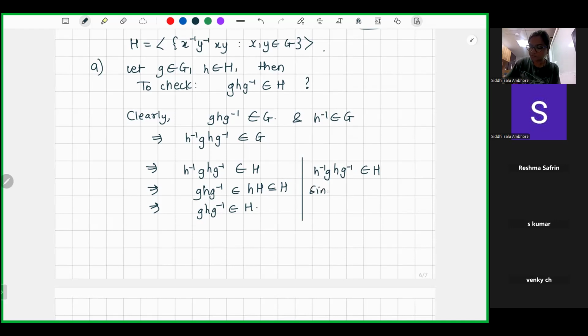Since h is in H, this h h inverse g h g inverse belongs to H, right? And this will give me that g h g inverse belongs to H, because this becomes identity and I get this. Any doubts here now?